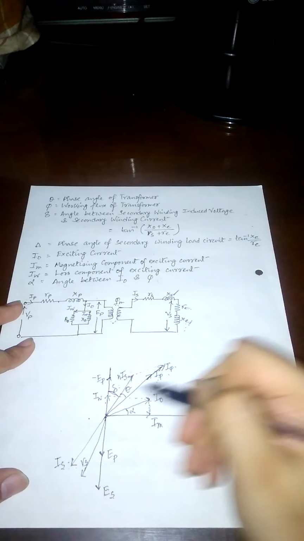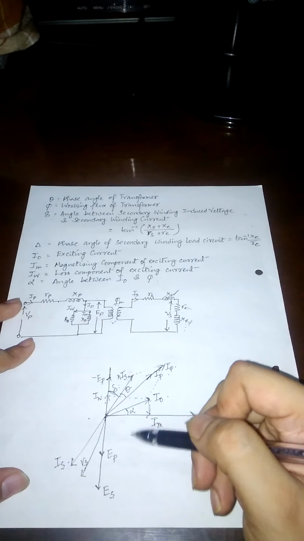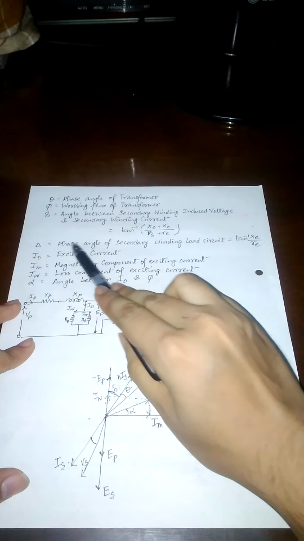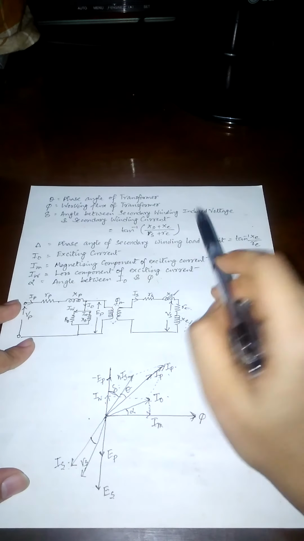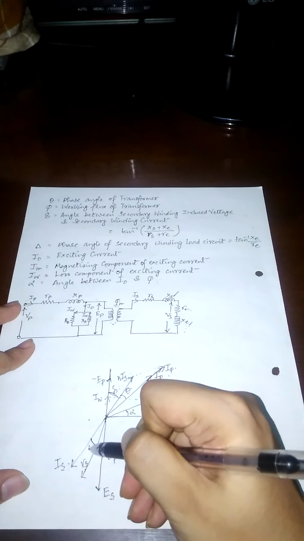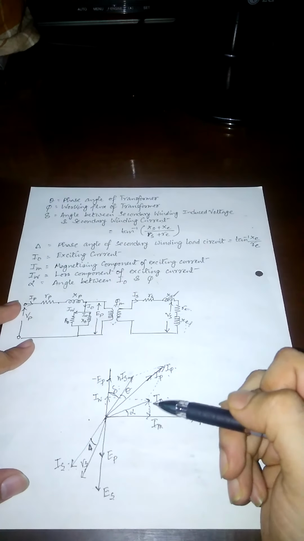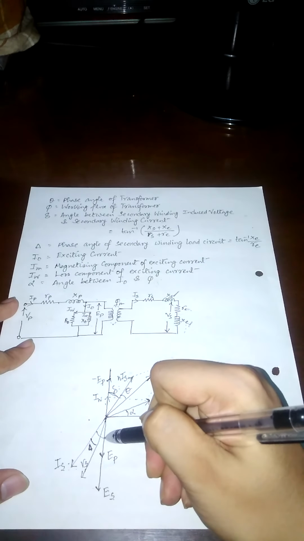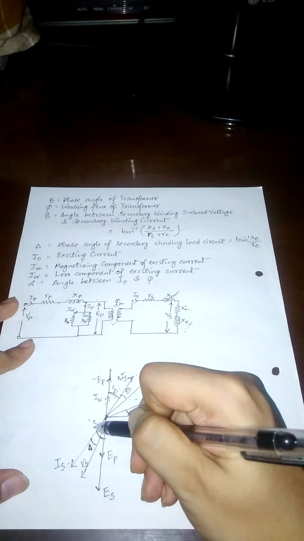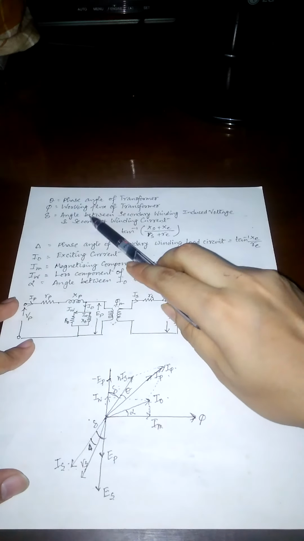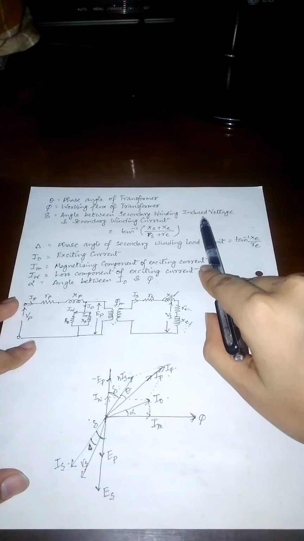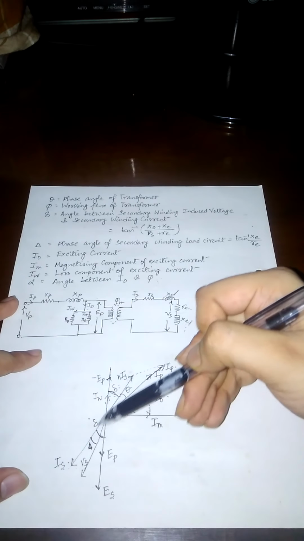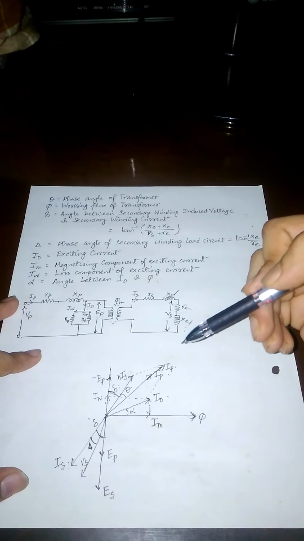This is the component Vs. So the phase angle delta is the phase angle of the secondary winding load circuit, that is between Vs and Is. So this is delta. And obviously this is sigma, because we already saw that this is the angle between the secondary winding induced voltage and the secondary winding current. This is Is and this is Es, so that is sigma.